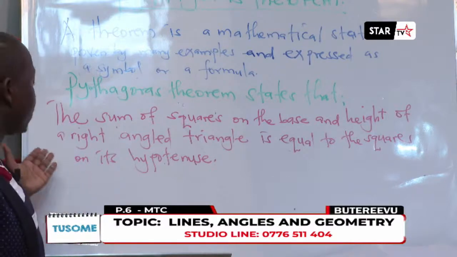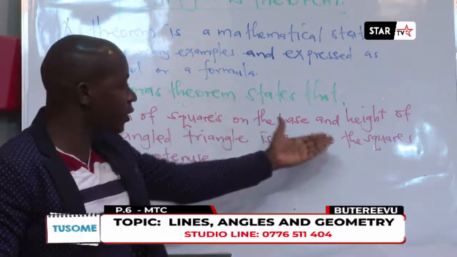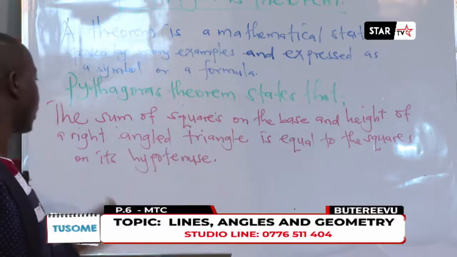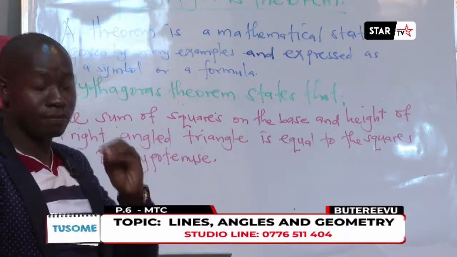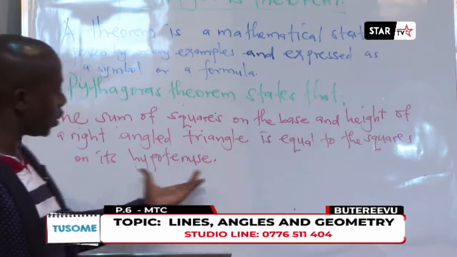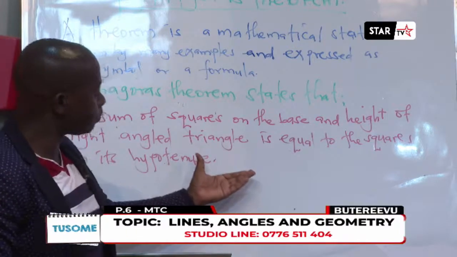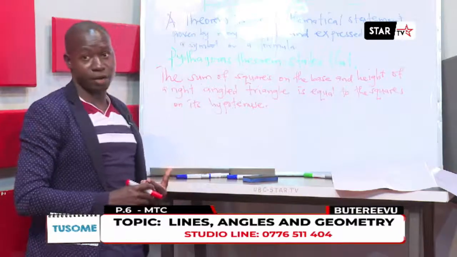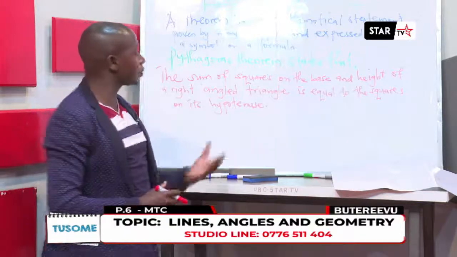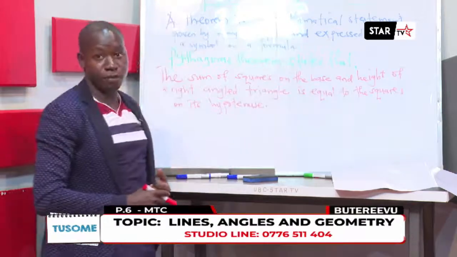After several examples, it was proved that the sum of the squares on the base and the height of a right-angled triangle is equal to the squares on its hypotenuse, the same triangle. And it is also known that the three sides of a triangle were named after this theorem, since a theorem is expressed as a symbol or a formula.